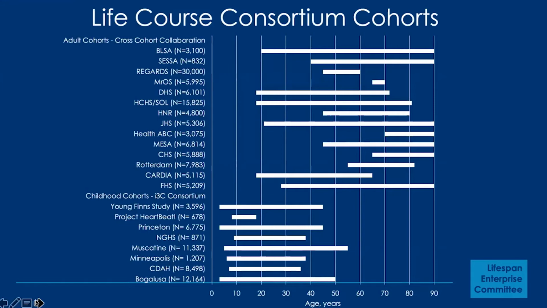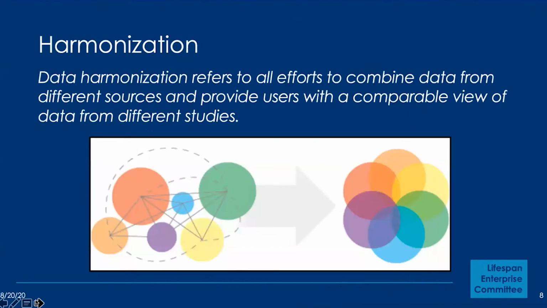Obviously, when you're combining a large number of cohorts, there's a lot of work that has to be done. Each of these cohorts was designed and the data was collected to be independent of each other. And we're now post hoc trying to put them together into one larger sample. And so that requires a lot of harmonization.